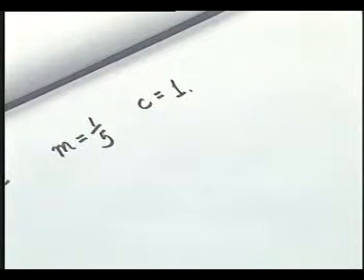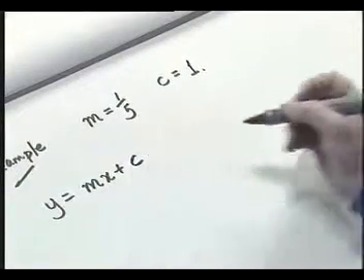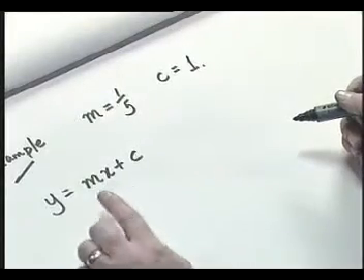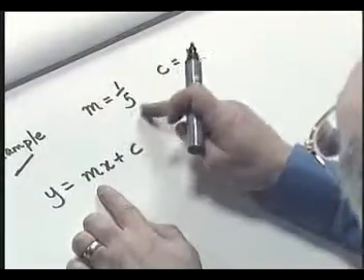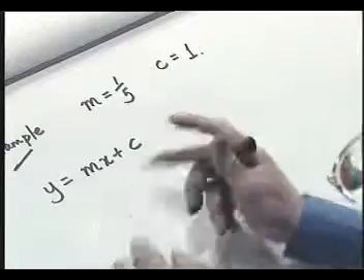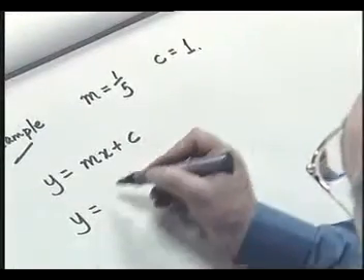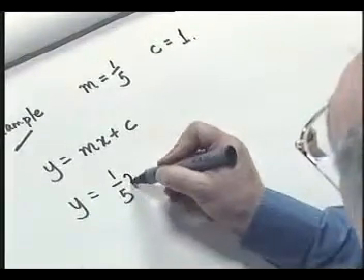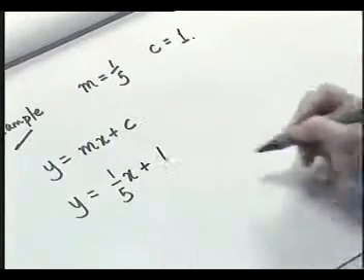Let's see if we can write down the equation. Well, we know that a straight line has equation y equals mx plus c. So we can substitute our known values in. m is going to be a fifth, c is going to be 1, so our equation is y equals a fifth of x plus 1.